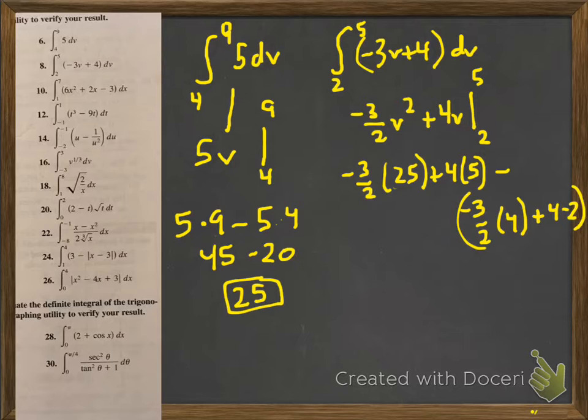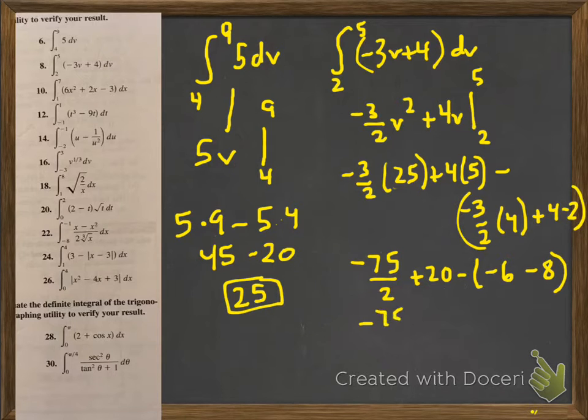Now it's just a matter of being careful with your numbers. Negative 75 over 2 plus 20 minus negative 12 over 2, which is negative 6, minus 8. So we have two negatives we're subtracting, so that's going to be adding 14.